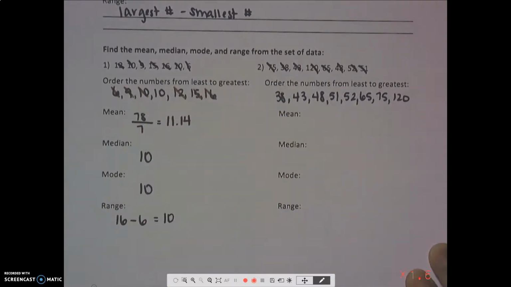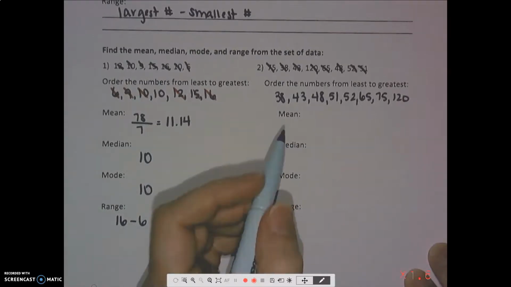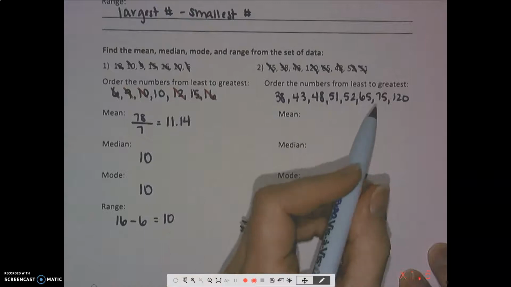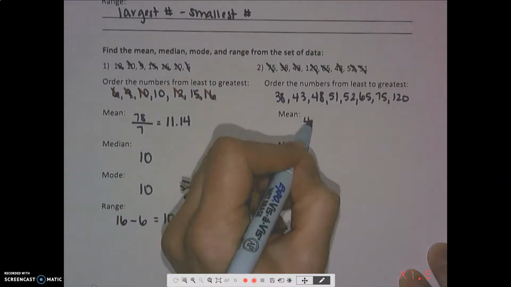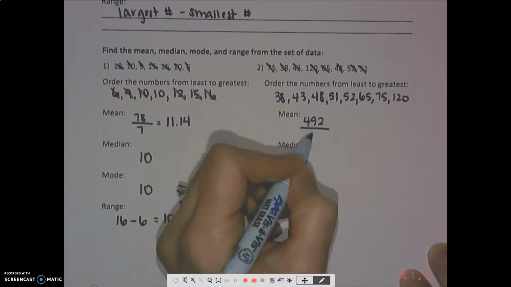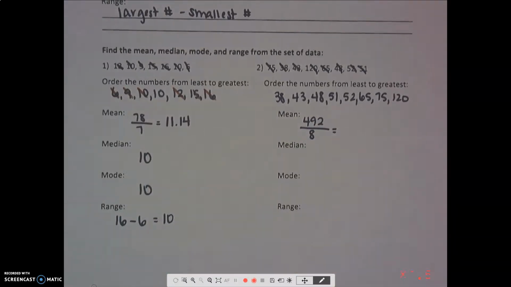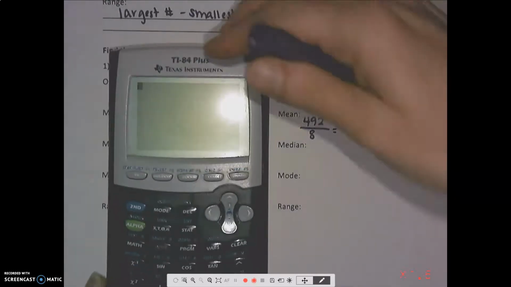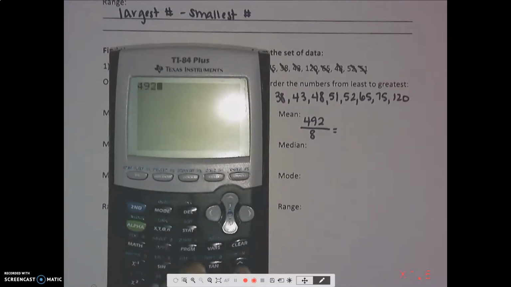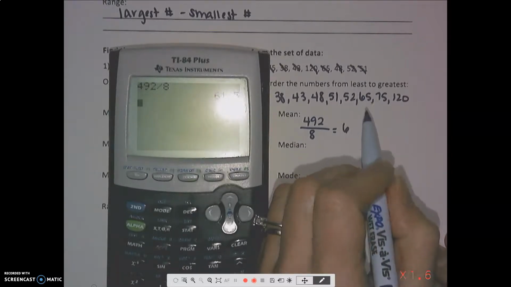Okay, so we have all of those. All right, our mean, we add these all up. When you add them, we get 492. And we're going to divide that by, there are 8 numbers in our list. So when we take 492 divided by 8, we're going to get 61.5.